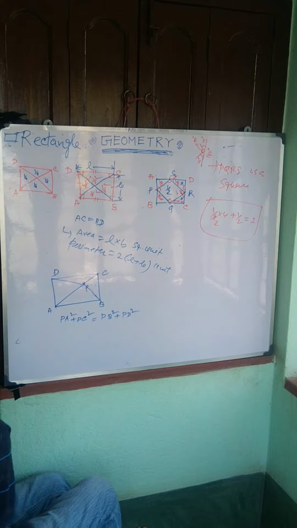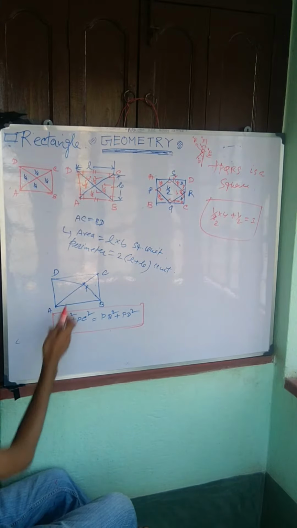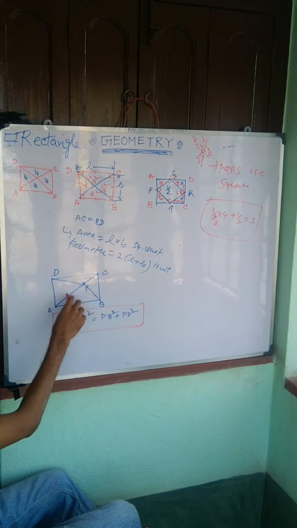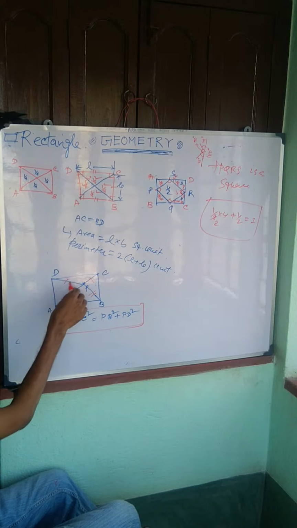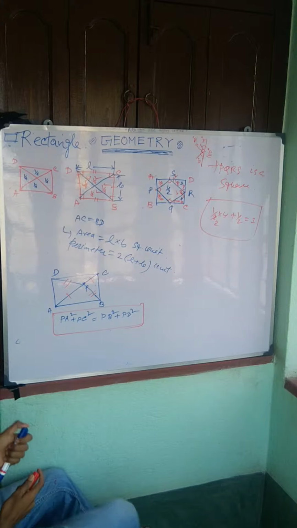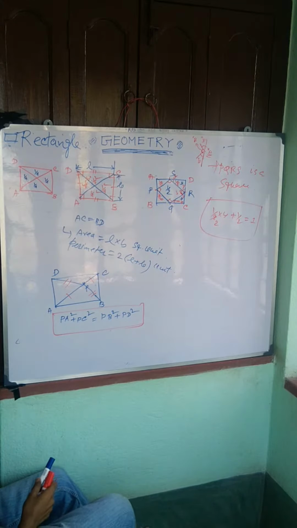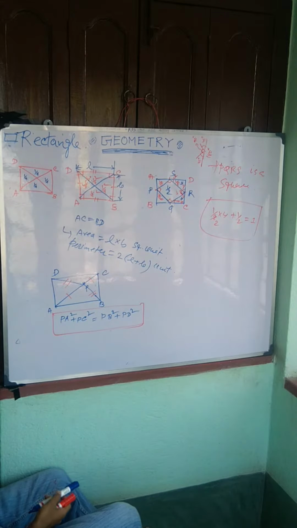This is a very important property. The sum of these squares equals the sum of these squares, PB square plus PD square. Understand, guys? Just see and note down the properties.